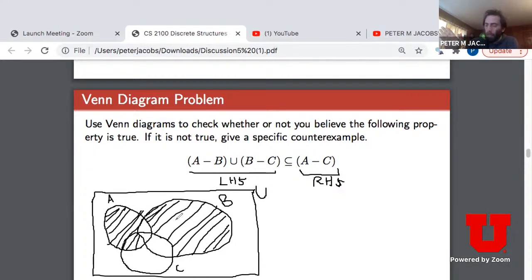So everything that has these diagonals, that entire region, is now the left-hand side.